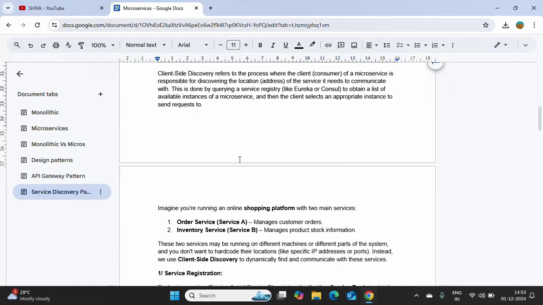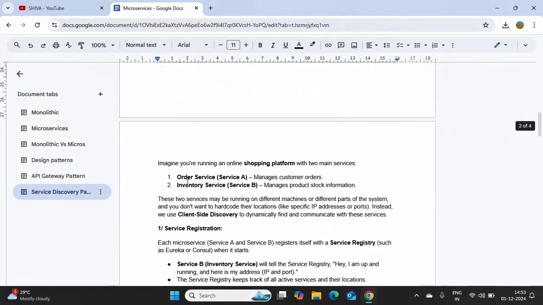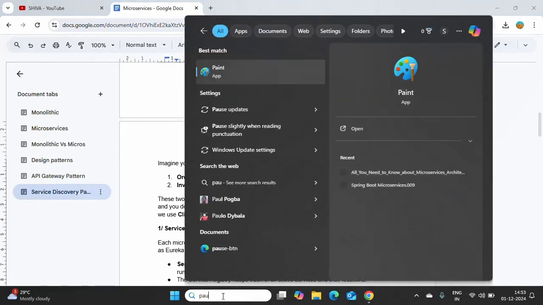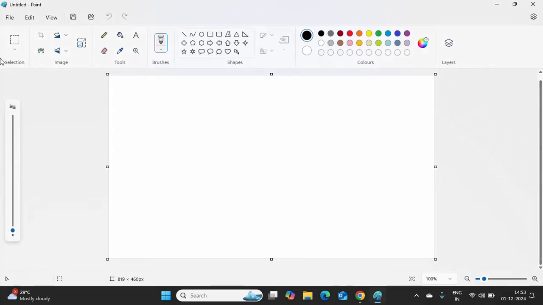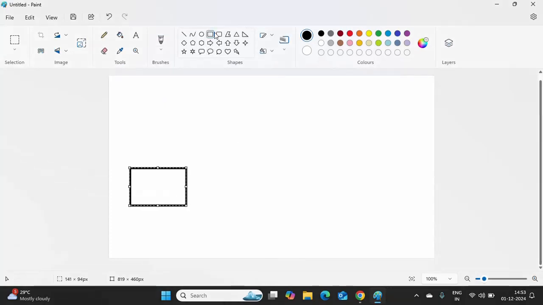Let's assume you have two services, the order service and the inventory service. Let me open Paint once. In our case we have two services. This is one service, and this is one more service.